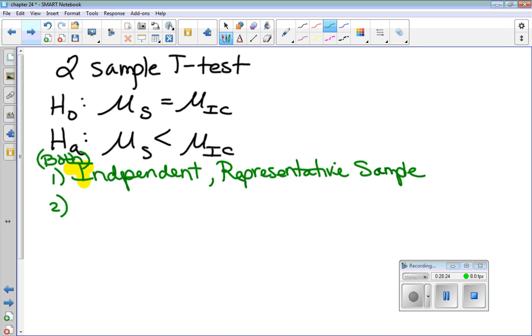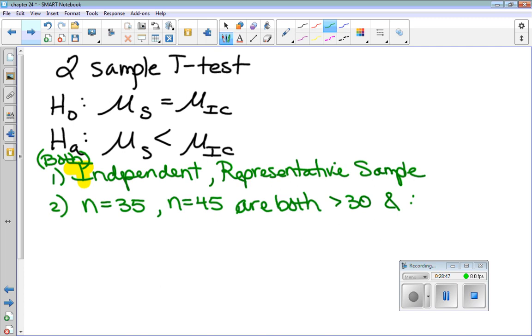Both the suburban sample and the inner city sample are independent of each other and representative of their respective populations. Two, because n equals 35, and 45 for the other one, I think, both are greater than 30, and therefore large enough to meet the nearly normal condition.